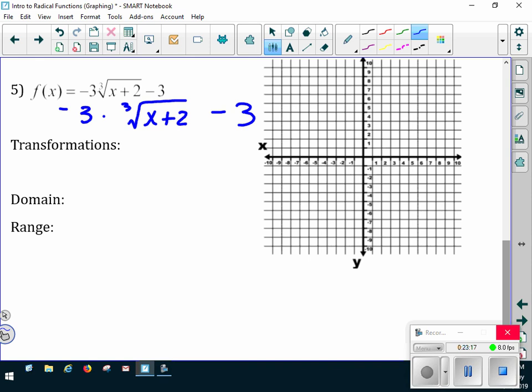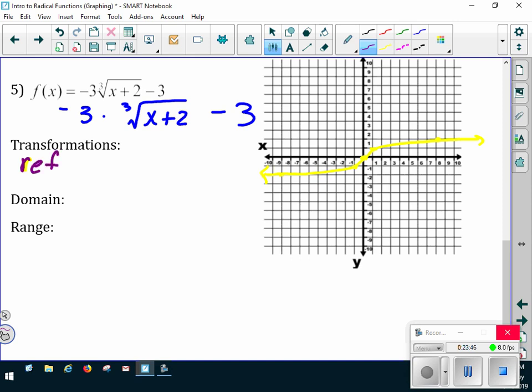Write down your transformations. All right, name one transformation. Jordan, name one. One transformation. Good. Not in yellow.